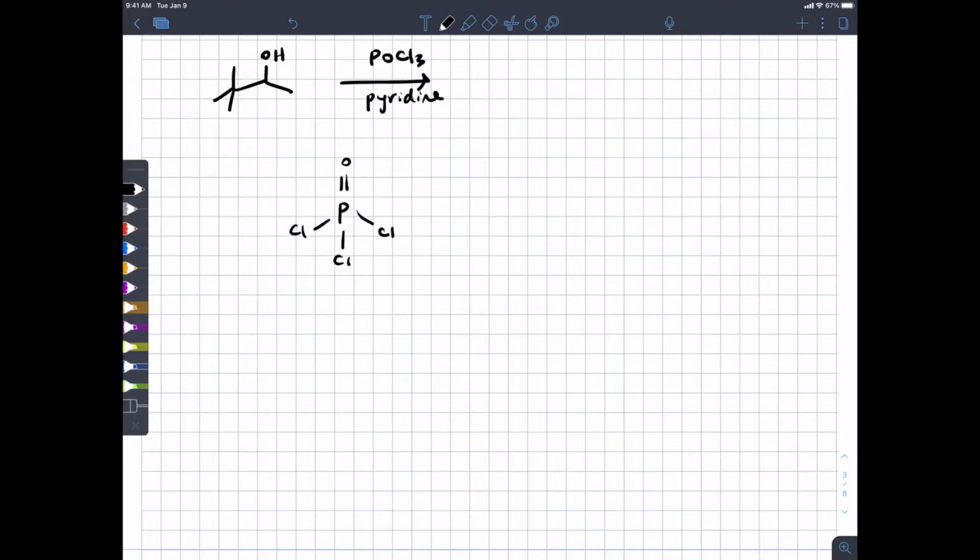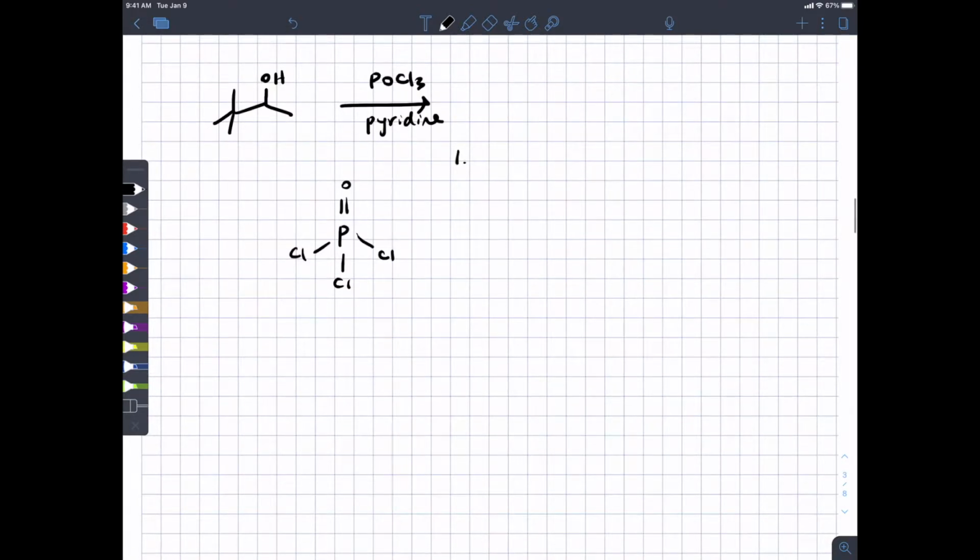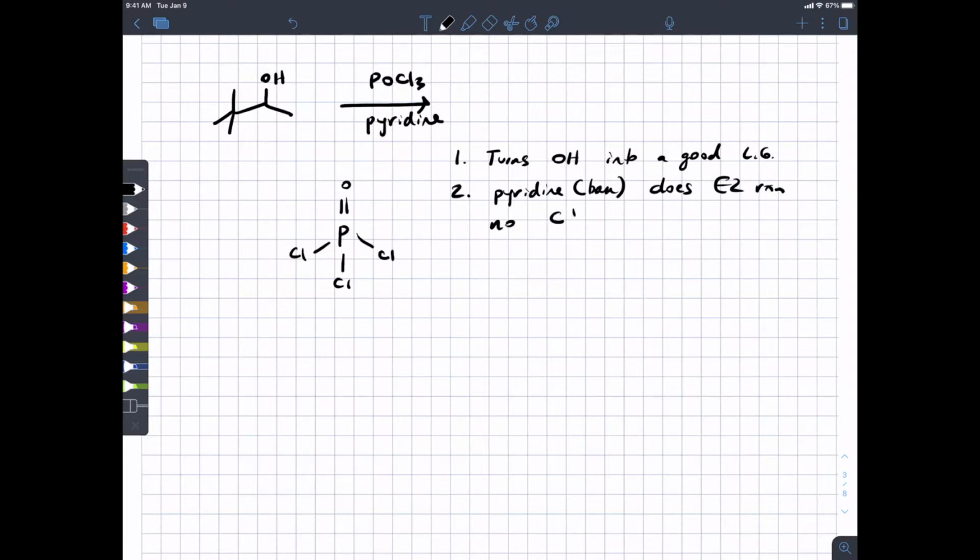I won't show you the mechanism for this reaction because the text describes it in sufficient detail and I don't really have anything to add. The process turns OH into a good leaving group, but before it can leave, pyridine as a base does the E2 reaction, so there is no carbocationic intermediate. And therefore, the only elimination product you get there is that one.